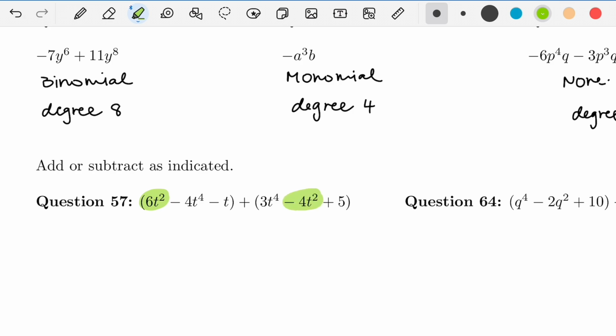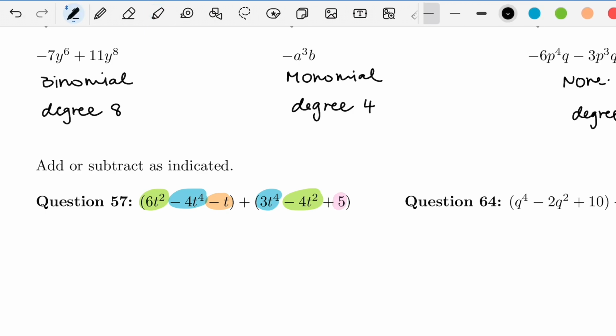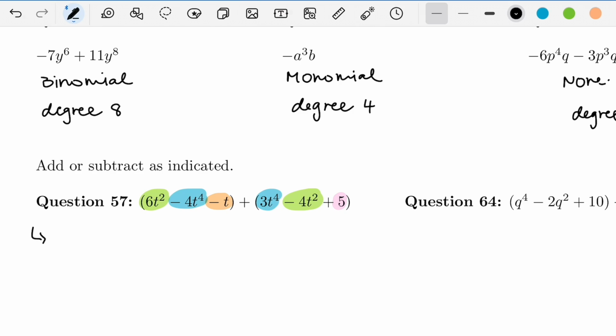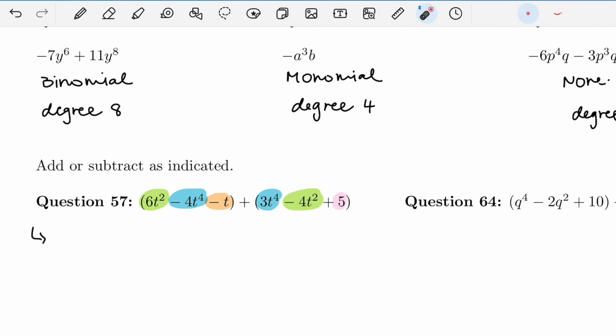These are like terms because they have the same variable raised to the same power. We also have minus 4t to the 4th and then 3t to the 4th in our second one. Then we have this minus t, and we don't have any other like terms in the other polynomial, but that's fine. And then we just have this constant 5, and we don't have any constants in the first polynomial. So we're just going to combine them, since all we're doing is adding these polynomials together.